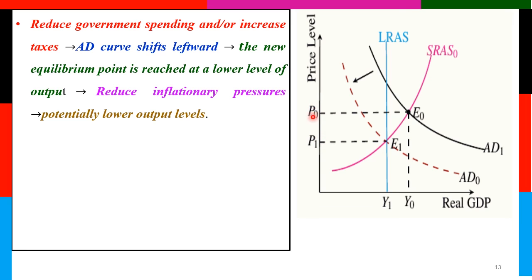Decline from P0 to P1. When the demand shifts left, inwards, price is decreasing. Again, the real GDP is also decreasing from Y0 to Y1. Reduce inflationary pressure. This implies potentially lower output level. Output is also lower or decreasing from Y0 to Y1. From this point to this point. So this implies that there is a full potential.